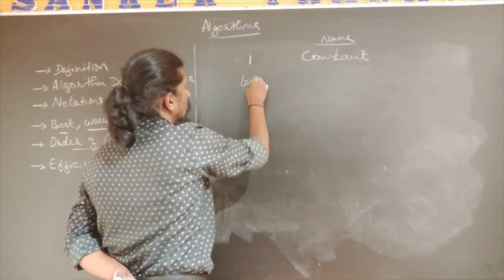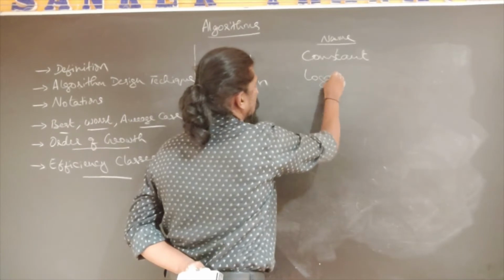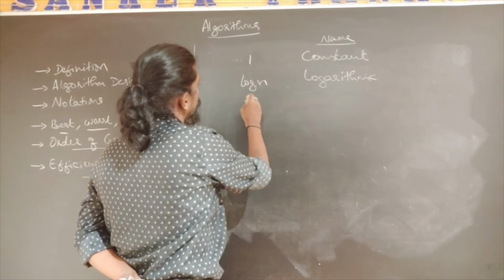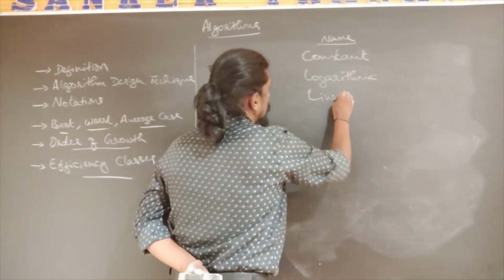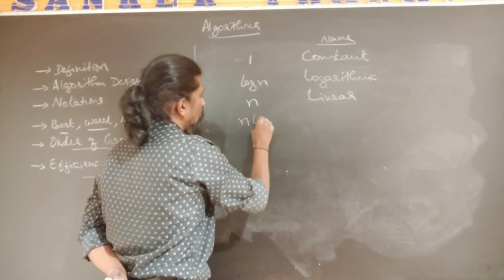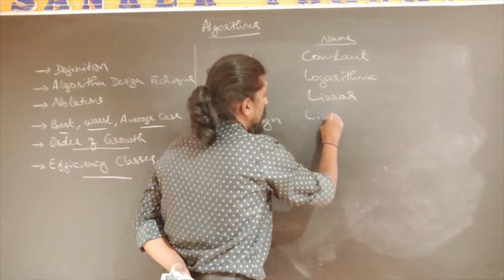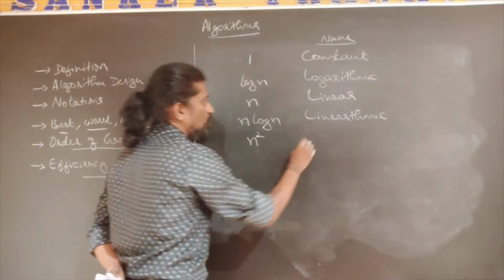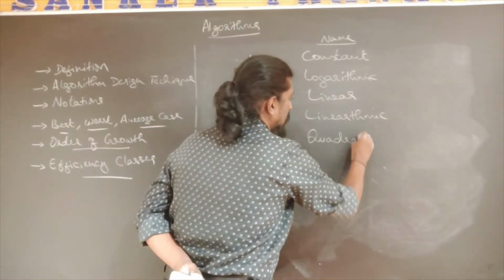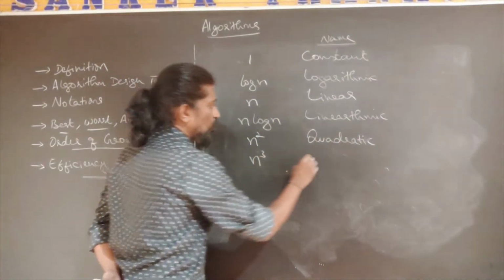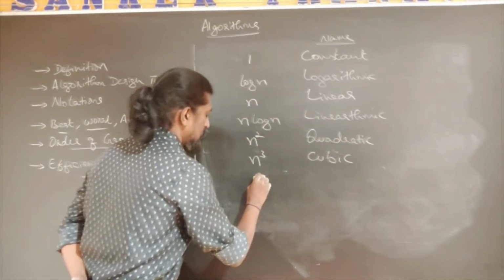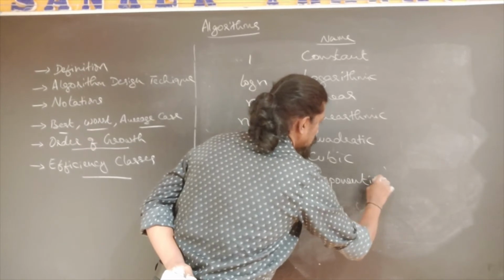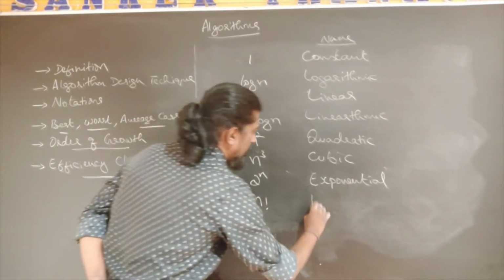Then we have log n, the logarithmic class. Then n, the linear class. Then n log n, the linearithmic class. n squared, the quadratic class. n cubed, the cubic class. 2 to the power of n, exponential, and n factorial.